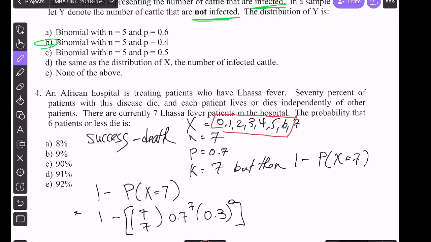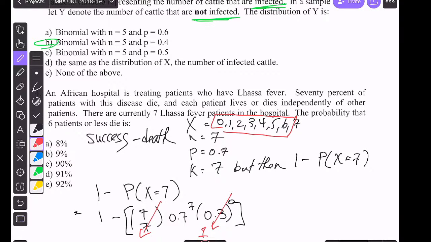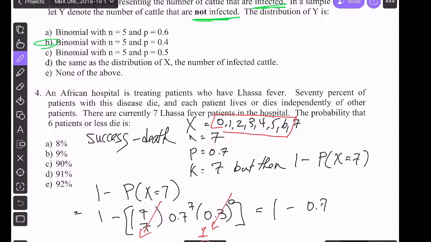So we know, before we go to our calculator, that this becomes a 1, and this also becomes a 1. So all we have to plug in is 1 minus 0.7 to the 7, unless I made a mistake.